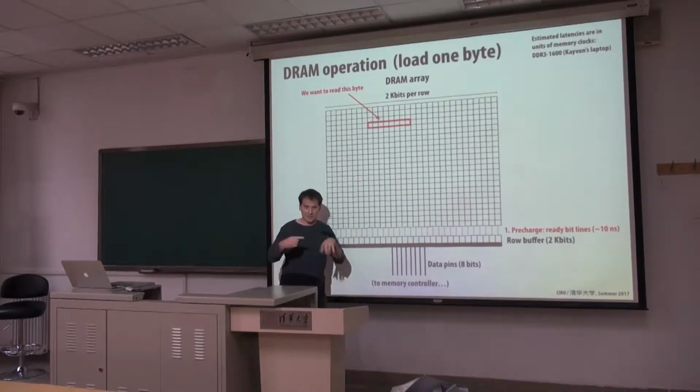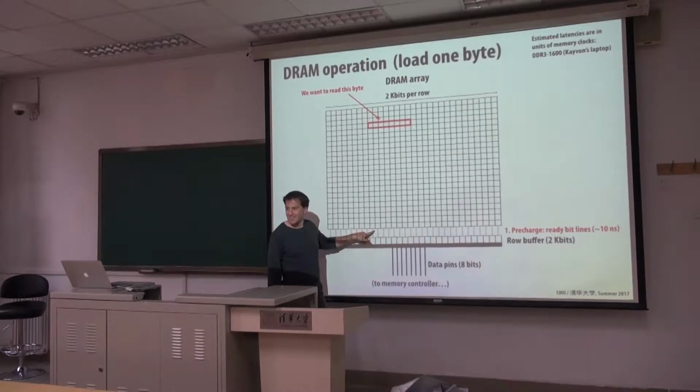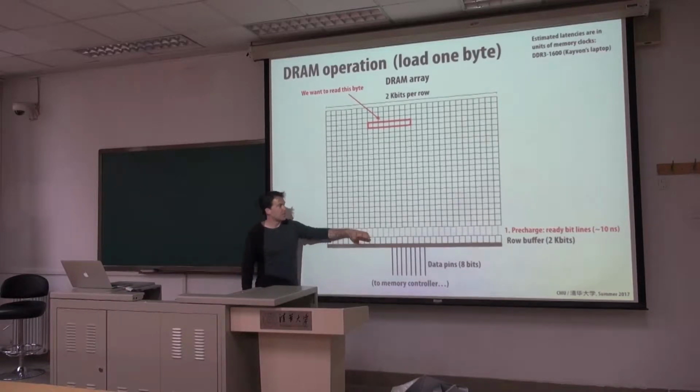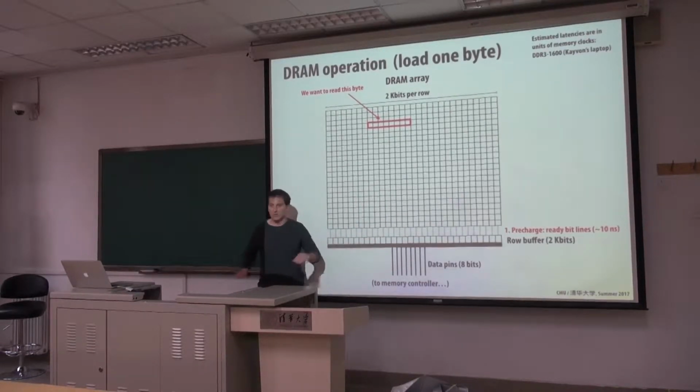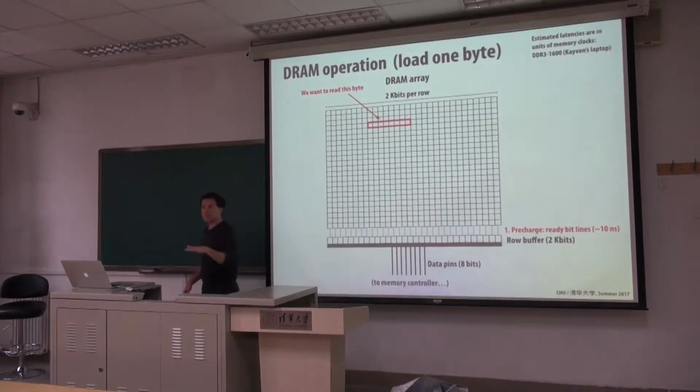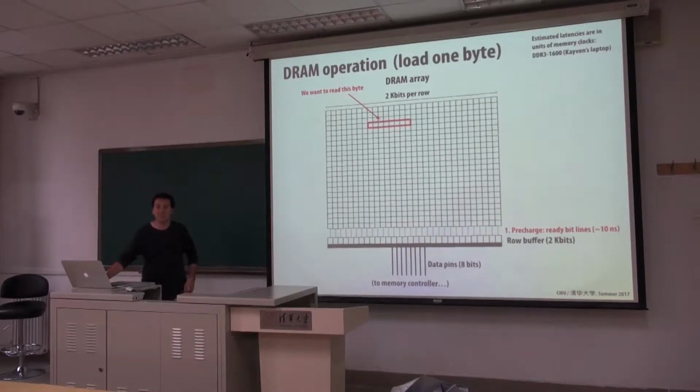So we hook a wire up to the capacitor, it's going to bleed charge out into the wire, and that's going to make the voltage on the wire go up or down. And then we're going to read that voltage down here. So pre-charge is setting all of the wires to a fixed known voltage, because then we're going to look to see if the voltage goes up or down.